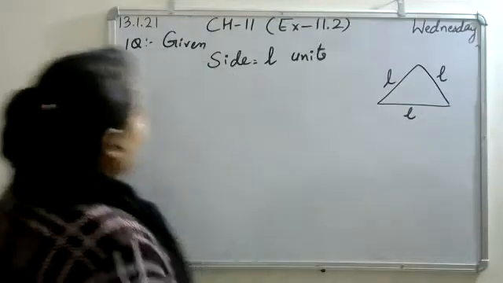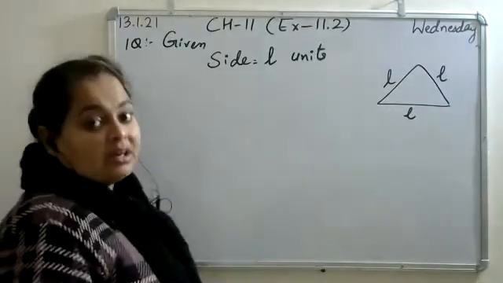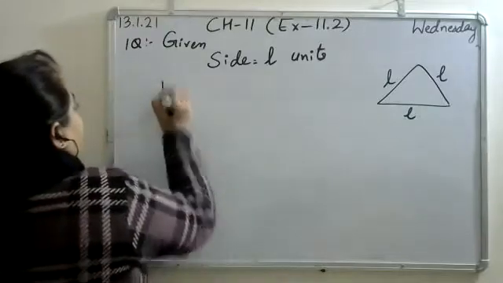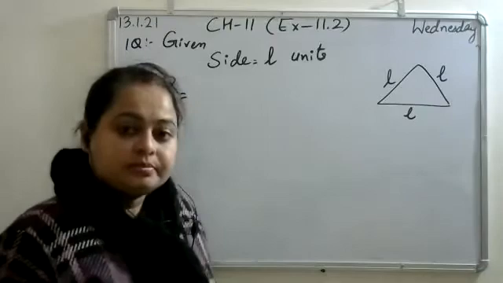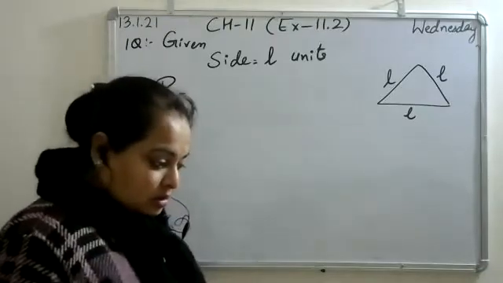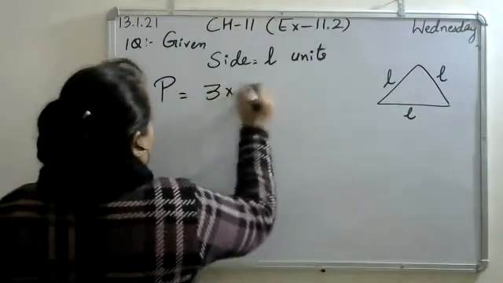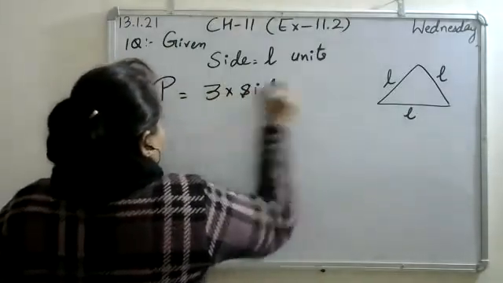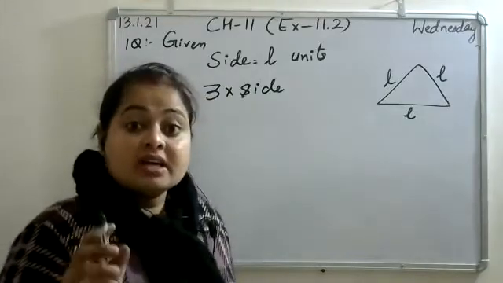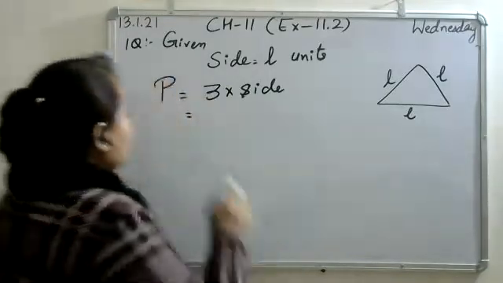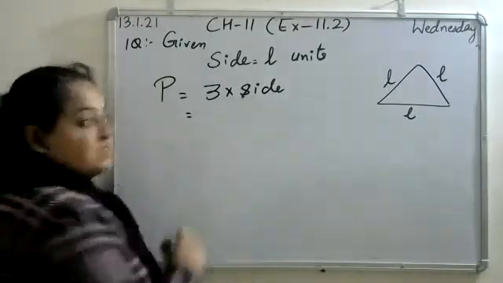Now the question is based on the perimeter of an equilateral triangle. Now students, tell me what is the perimeter of an equilateral triangle? Very good, Bani. 3 multiplied by side. First of all, you will write down the formula. Formula is very much compulsory. Perimeter of an equilateral triangle is 3 multiplied by side.